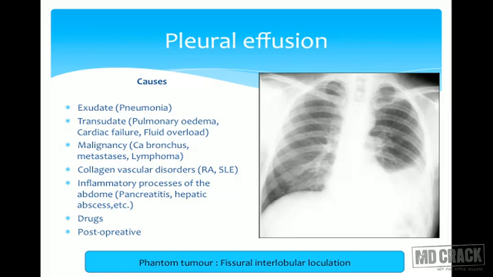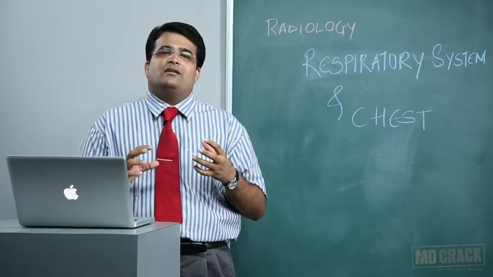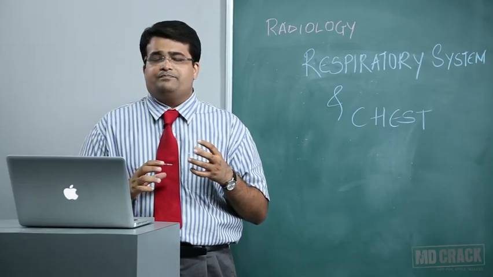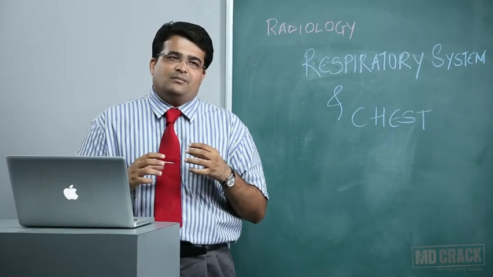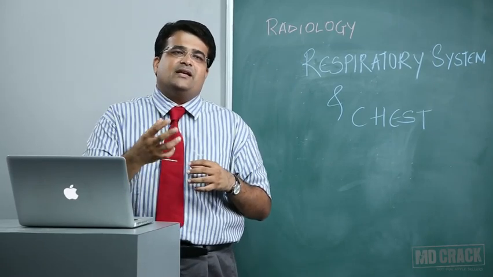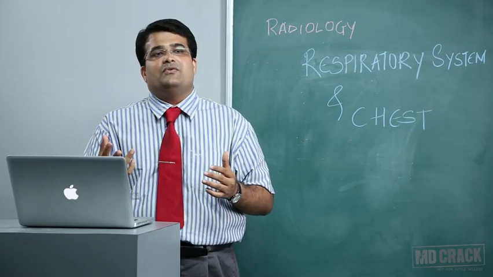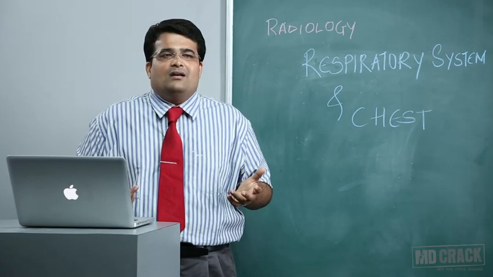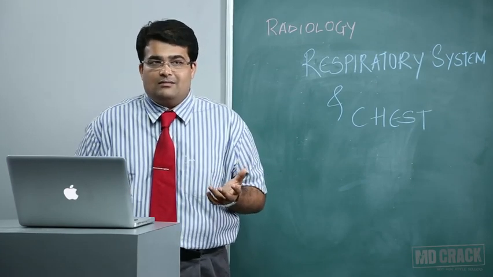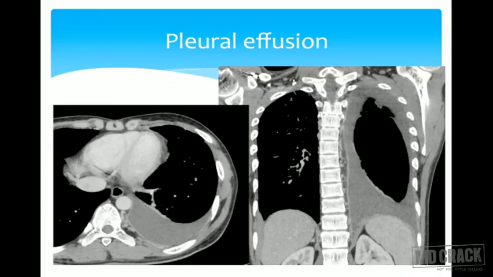Now I need to talk to you about the phantom tumor. Basically, this is a loculated effusion within the lung fissure, because you might see it on a particular day, but the next day if you take an X-ray again, that pleural effusion might have gone. So this is known as a phantom tumor.